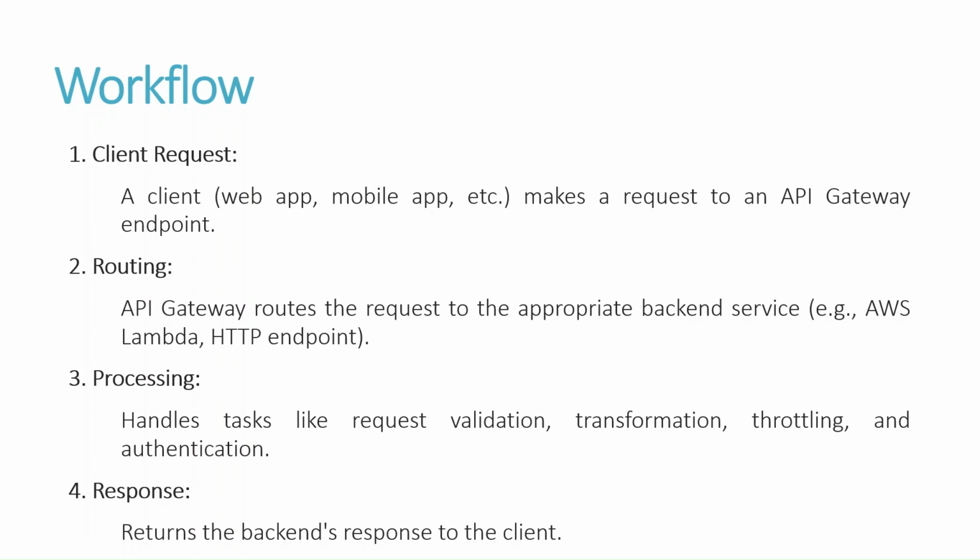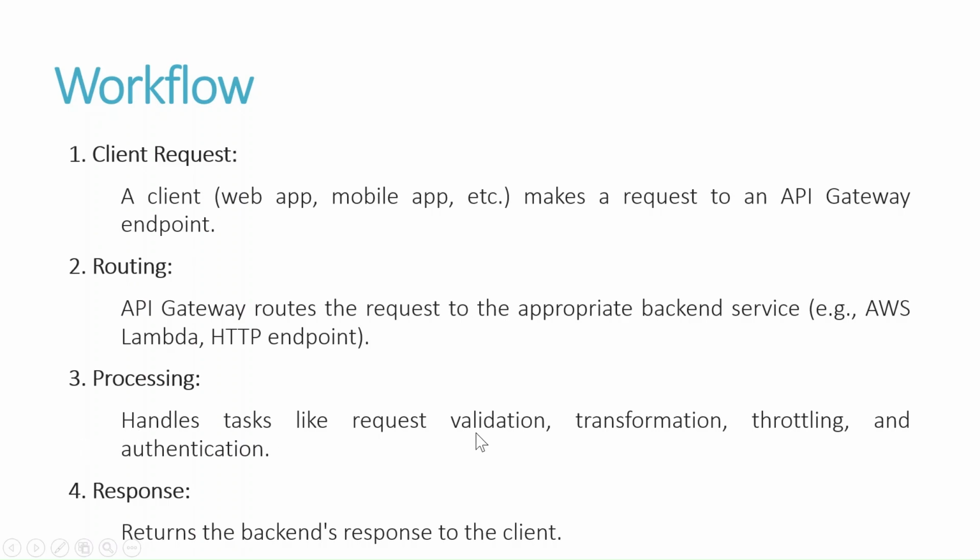It could be an AWS Lambda function to run your code, or an HTTP endpoint, a server or database. So for example, if a request is for products, the API Gateway might route it to the Lambda function that retrieves the product data.